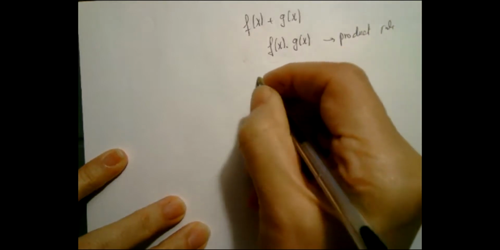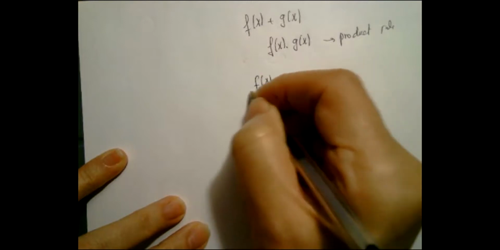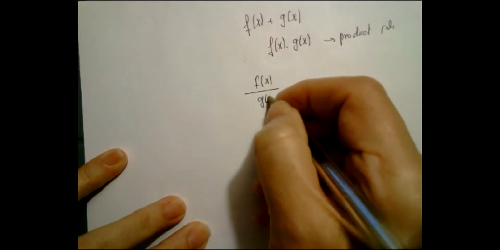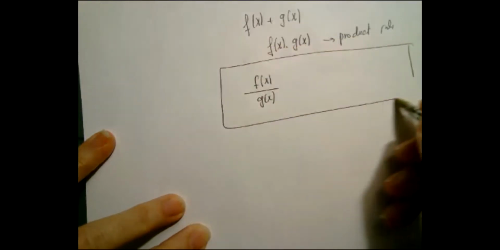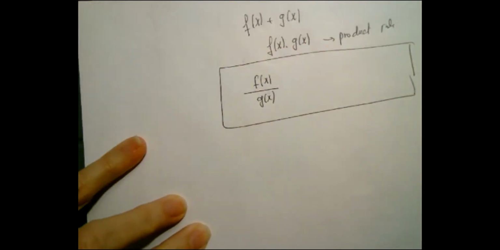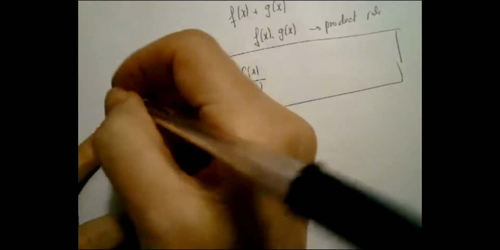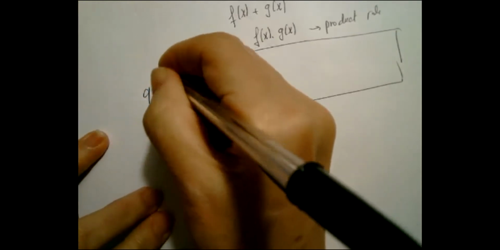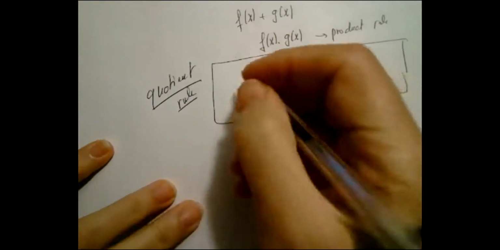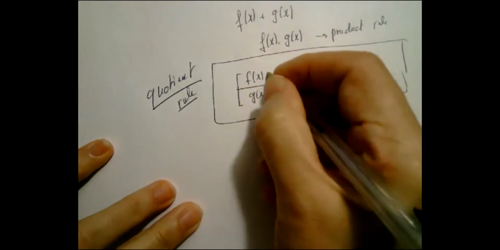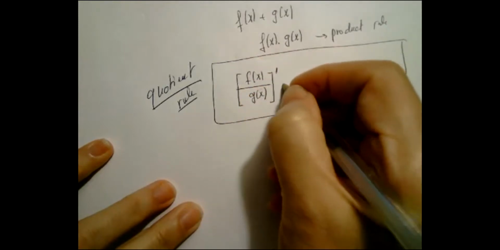And we can combine functions by taking one and dividing it by another. That's another way of combining functions. And the question is, what's the derivative in this format? That's what we call the quotient rule. So what is the derivative if you have the quotient between two functions?